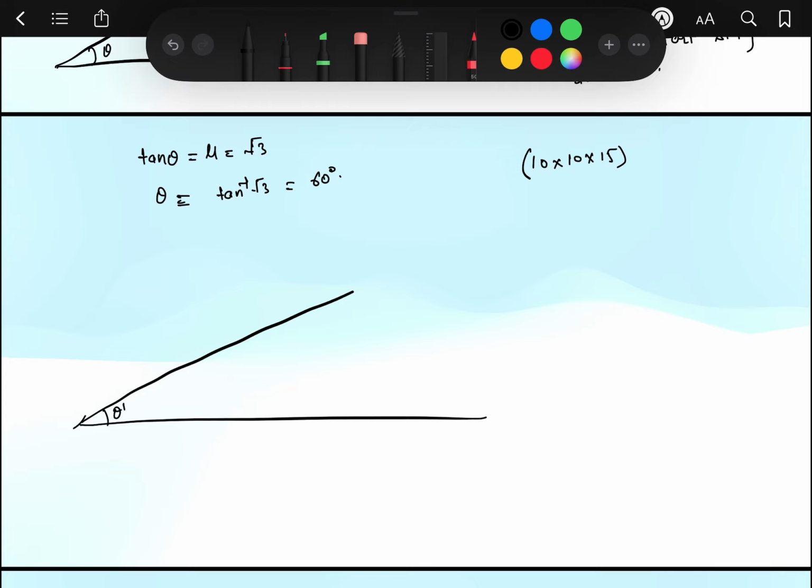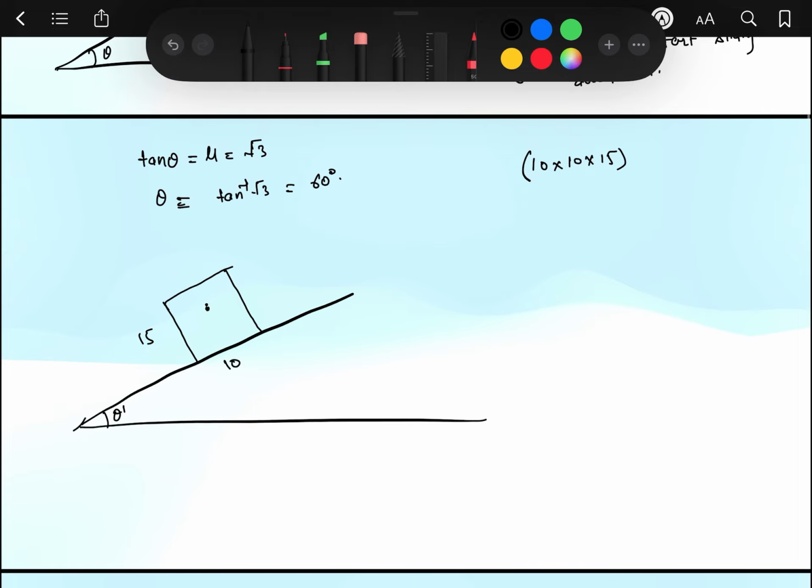And this is our block here, whose base is 10 centimeter and height is 15 centimeter. If I assume this is the condition for the topple, let us suppose at this theta dash angle this block will topple from its surface. Then what is the value of this theta dash?